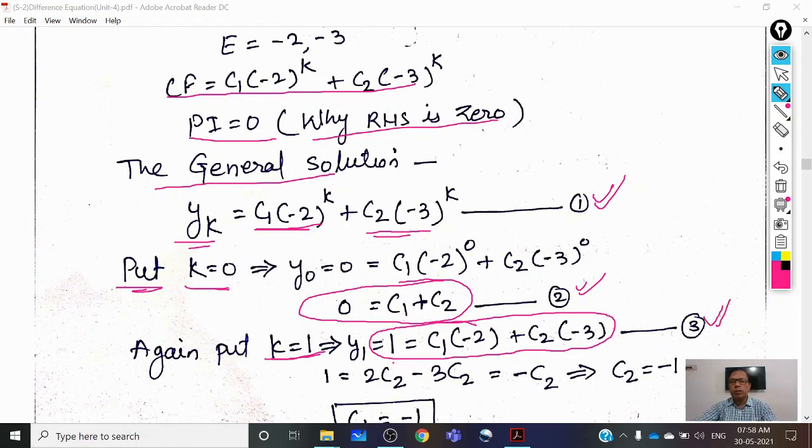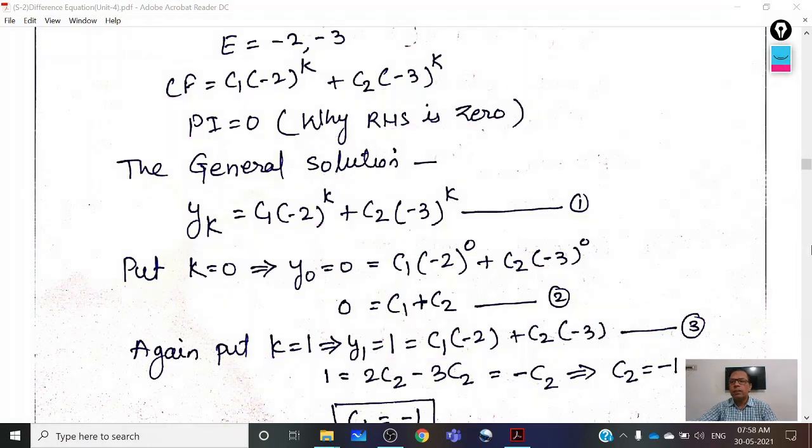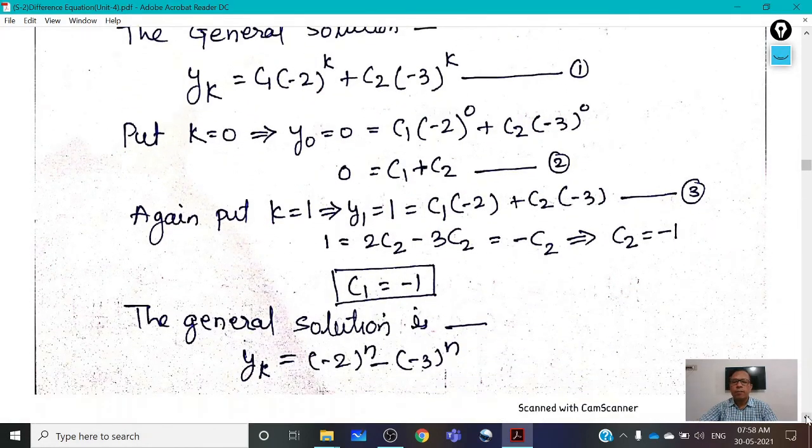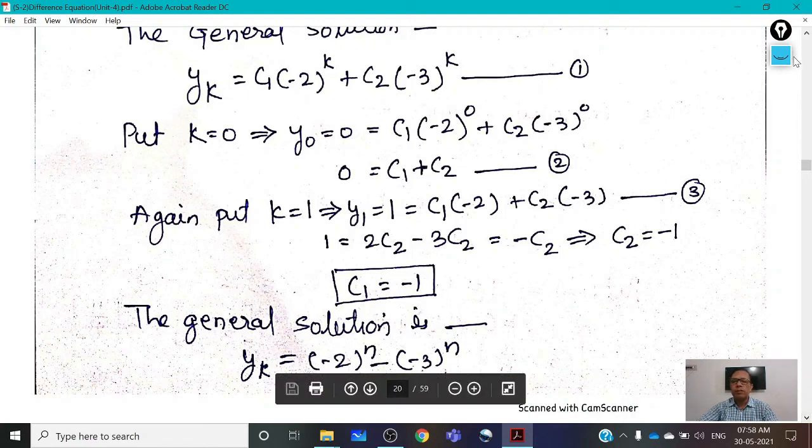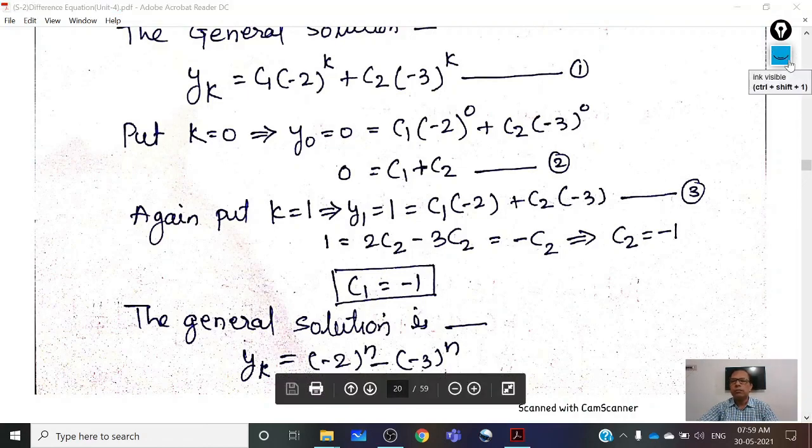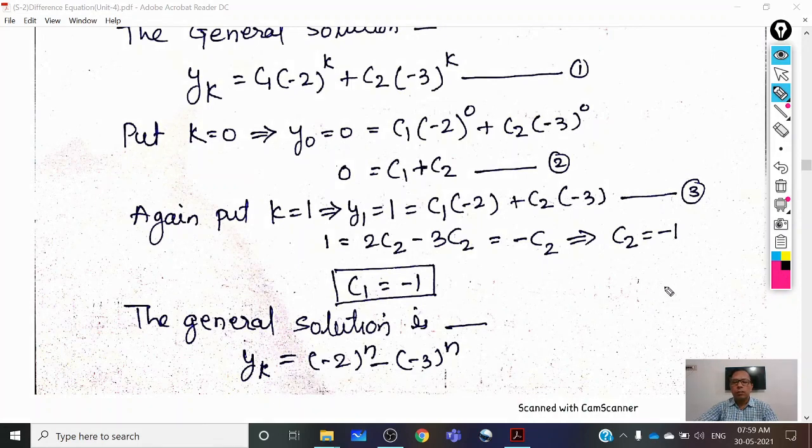On solving equations 2 and 3, we get the constants C2 equal to minus 1 and C1 equal to 1. So the final answer is yk equal to (minus 2) power k minus (minus 3) power k.